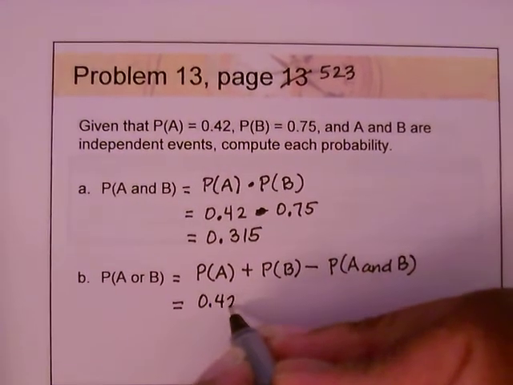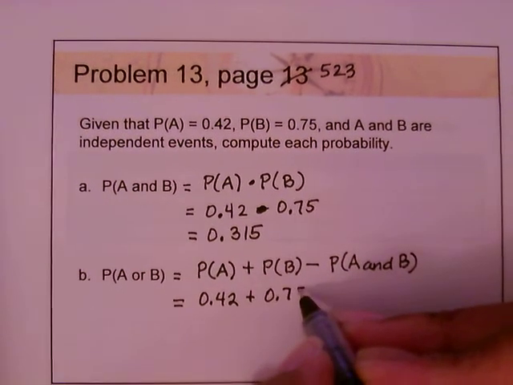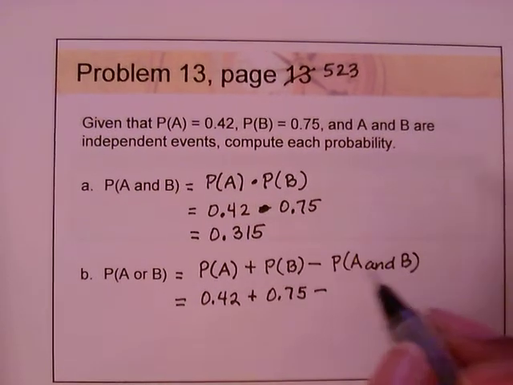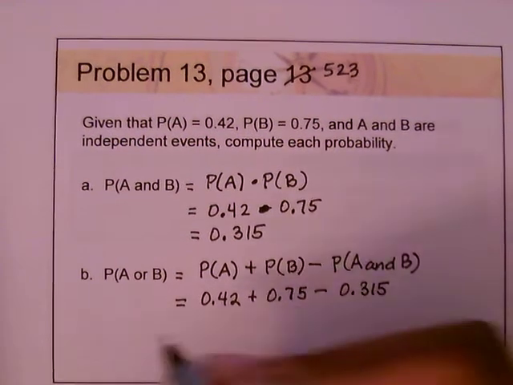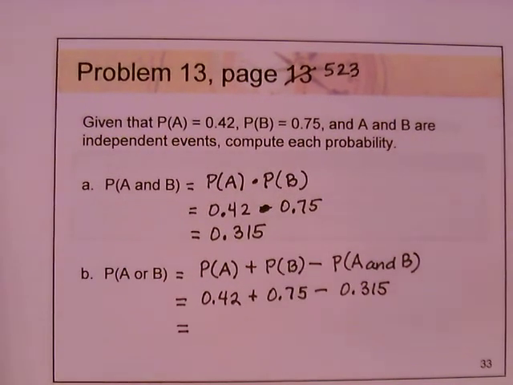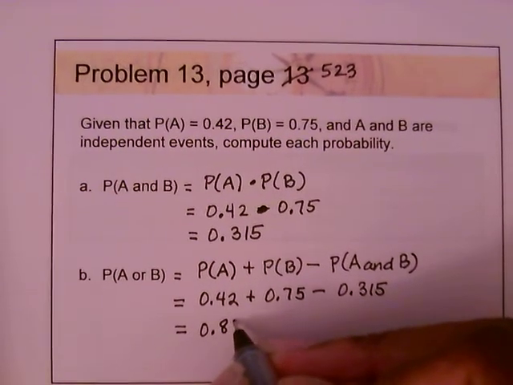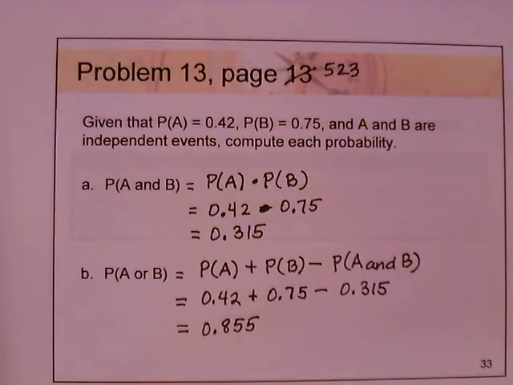The probability of event B will be 0.75 minus the probability of A and B, which is what we found out in part A, 0.315. So if I do 0.42 plus 0.75 minus 0.315, that will end up being 0.855. So the probability of A or B would end up being 0.855.